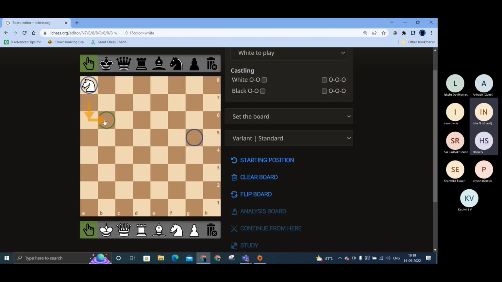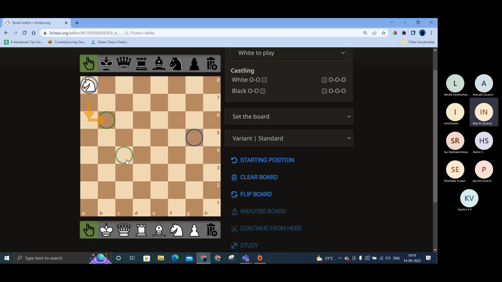See, he told you the first move. First move is knight going to B6. Knight is in B6. From B6, where does the knight move? It goes to C4. You want to take the knight to C4.